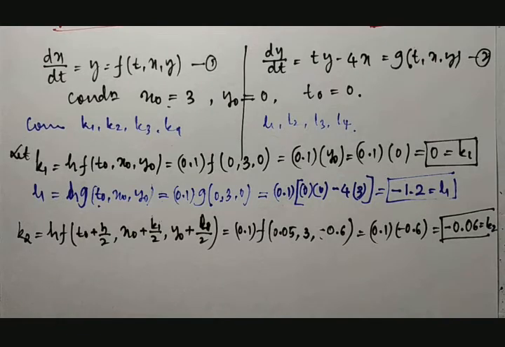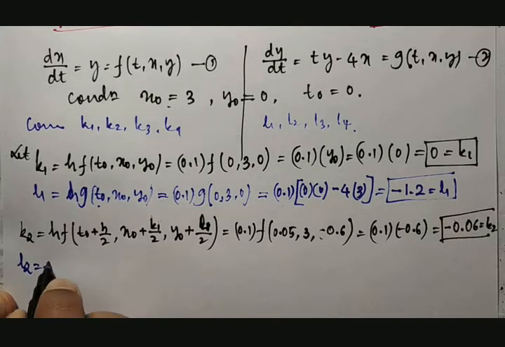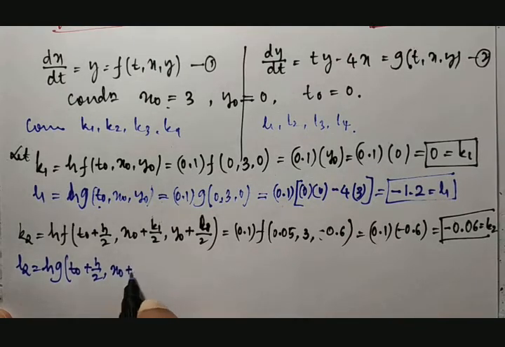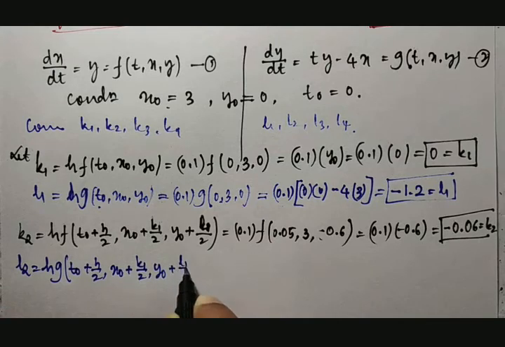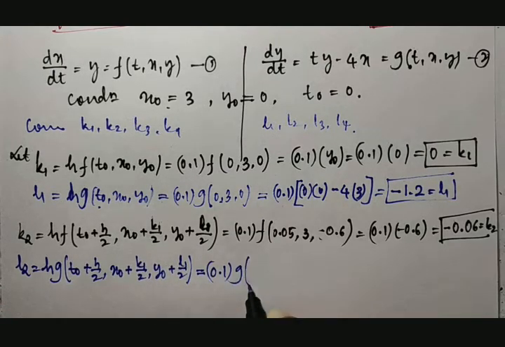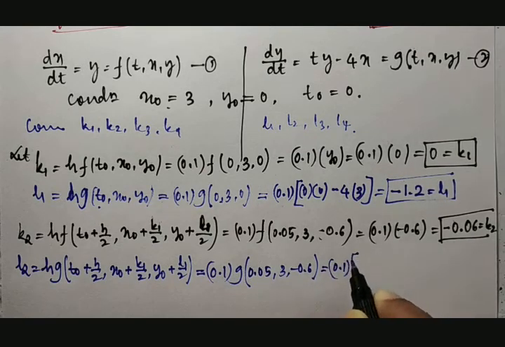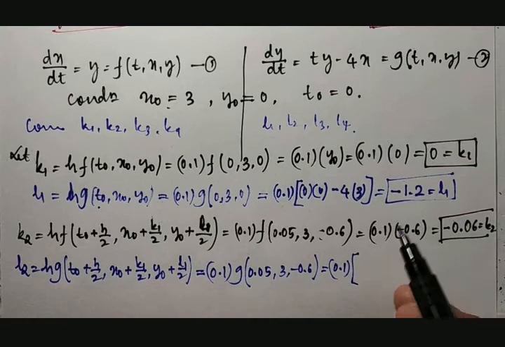Then comes L2. So what is L2? H into g of t0 plus h by 2, x0 plus k1 by 2, y0 plus L1 by 2. That is 0.1 into g of 0.05, 3, minus 0.6. That is 0.1 into the g function. What is g function?